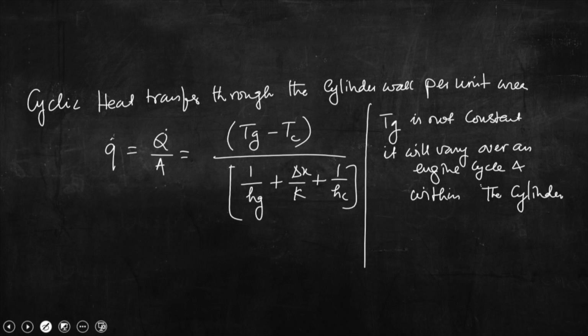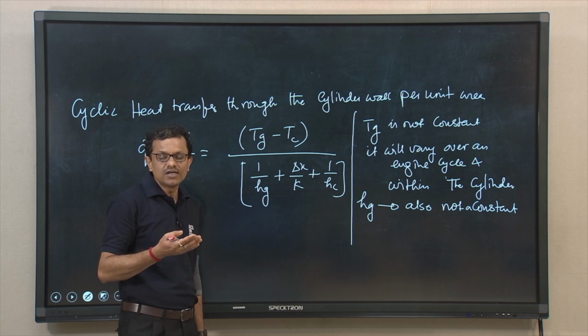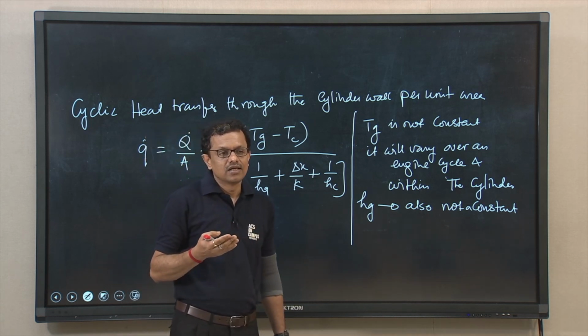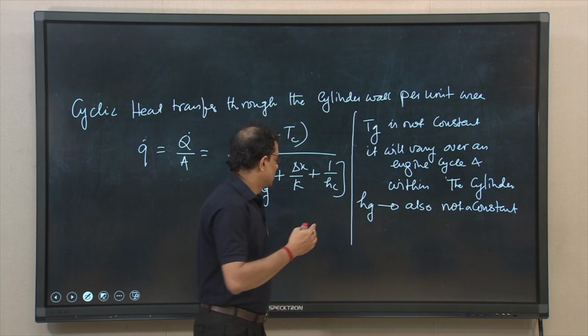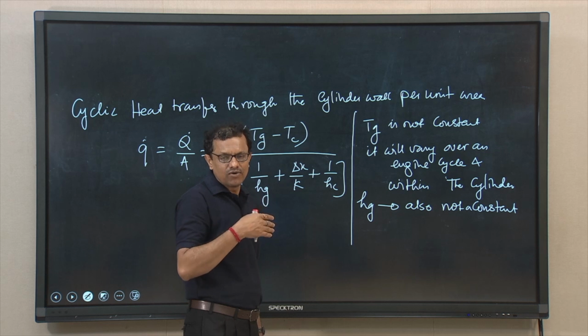What about H g? This H g is also not constant, because it will also vary over an engine cycle and it will depend on the formation of swirl, turbulence and also gas motion. As I told you, even if we consider coolant flow, the convective heat transfer coefficient of the coolant will also depend on the velocity of the coolant flow.